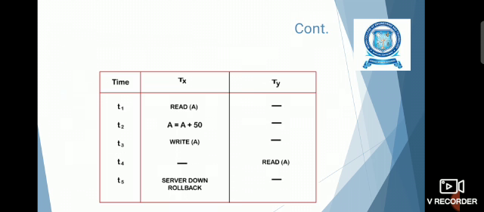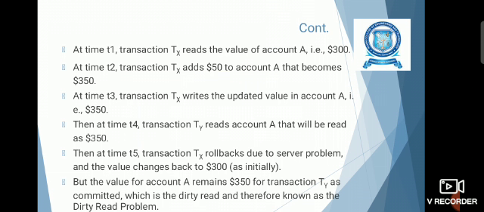Transaction Tx is rolled back. So the previous update performed by Tx will be undone, but the account information A that transaction Ty read at time T4 will be wrong. At time T5 the transaction rolls back due to the server problem and the value changes back to 300.